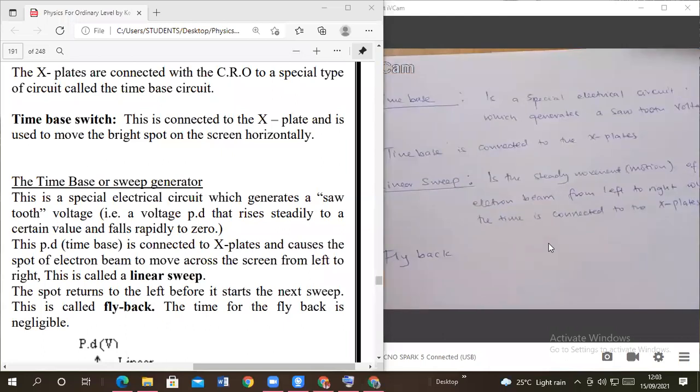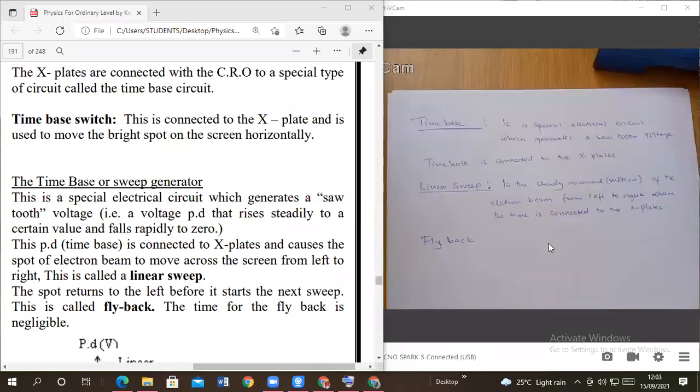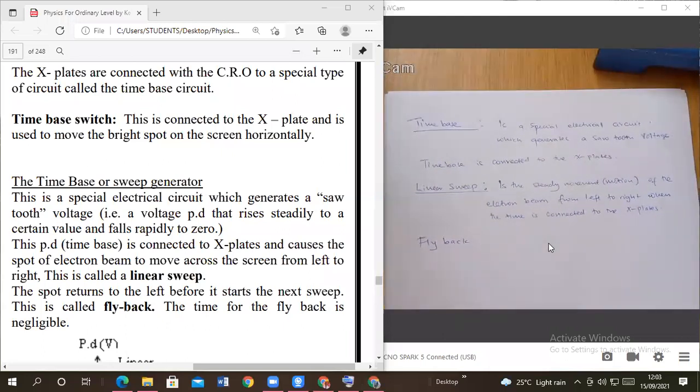Okay, flyback. Let us look at flyback. We shall be able to see all the things in the video, but flyback first. Let us first have the notes.